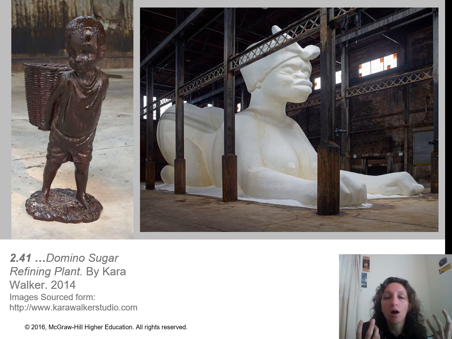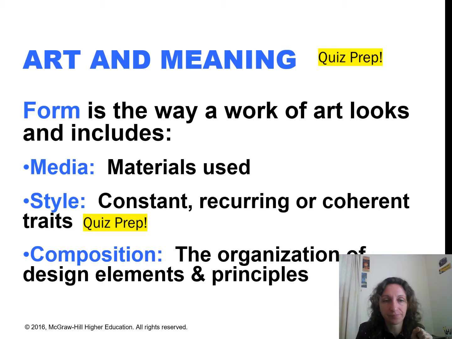It would not hold the same content. It would not hold the same weight as doing it in the Domino sugar refining plant that's about to be demolished. So that's installation in a nutshell, and how much materials and choosing materials can add to a work of art. So there's probably going to be a test question about this artwork.